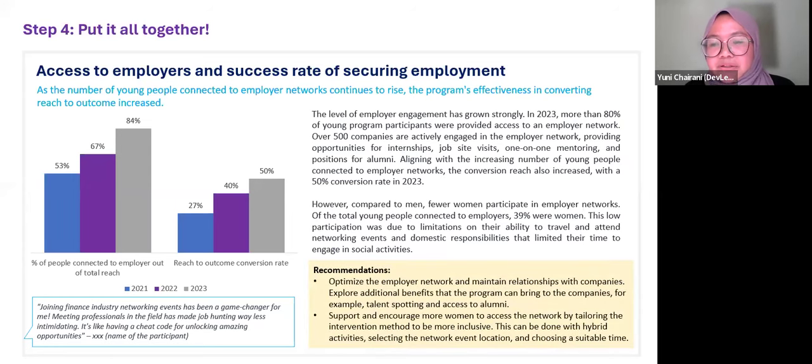This is optional, but you can also add recommendations on your PowerPoint if needed. The first recommendation is to optimize this network and see what the employer needs, maybe to spot good quality talent, maybe access to the alumni. The second recommendation is to support and encourage more women to participate by tailoring the intervention method to fit them even more.